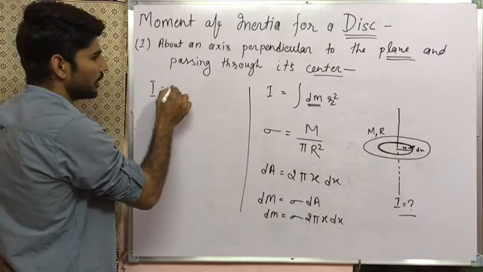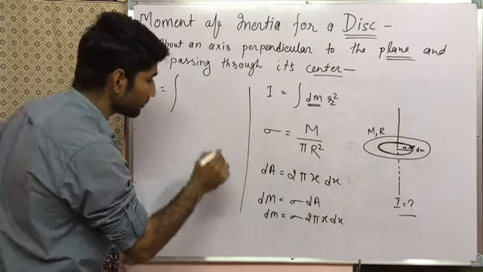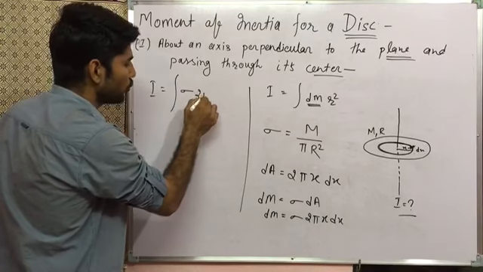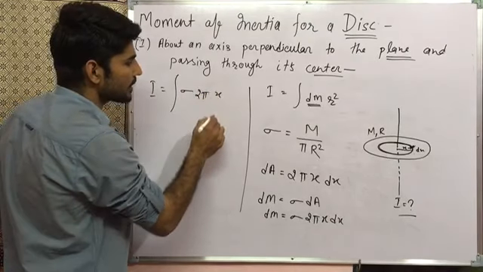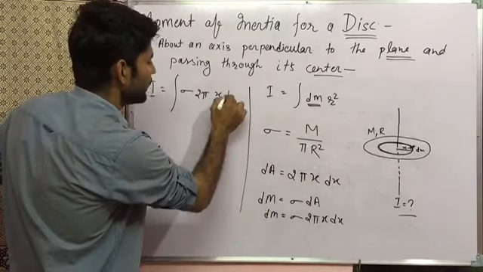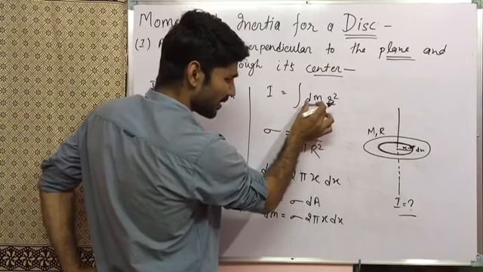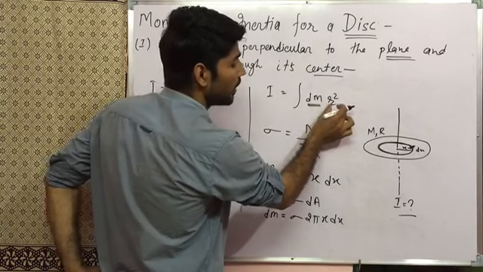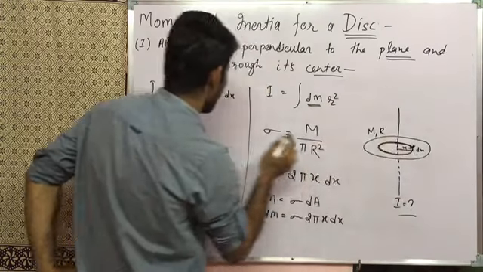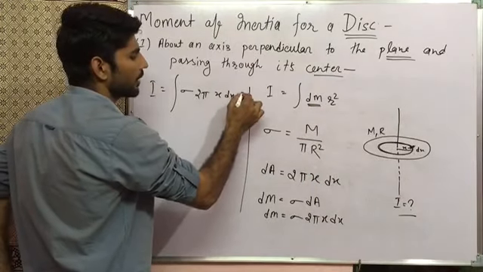So I will be integration sigma 2 pi x dx. Here the distance of the small component from the axis is small x, so we take x square.